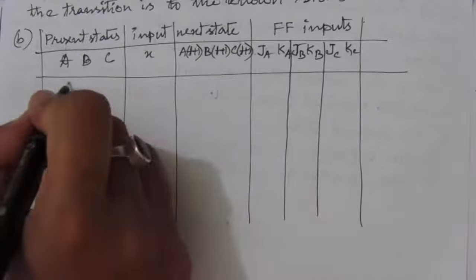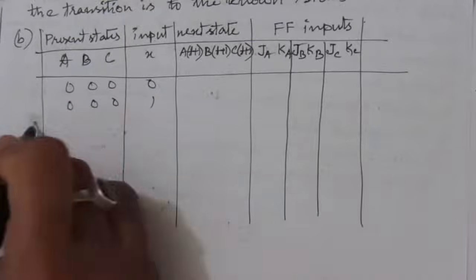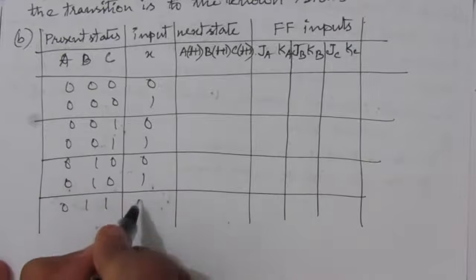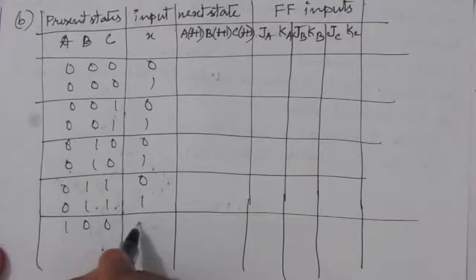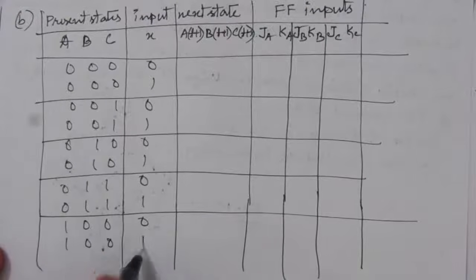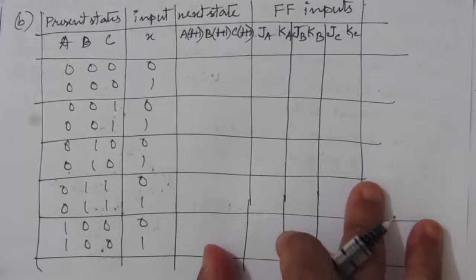So we have the present state and input as 0 0 0 0, 0 0 0 1. Next we'll have 1 0 0 0, 1 0 0 1. Up to here we are given, because these are the given states as per the state diagram.